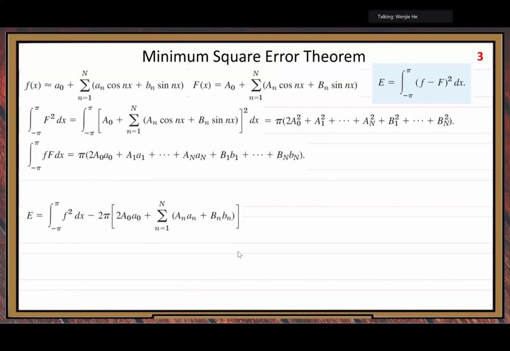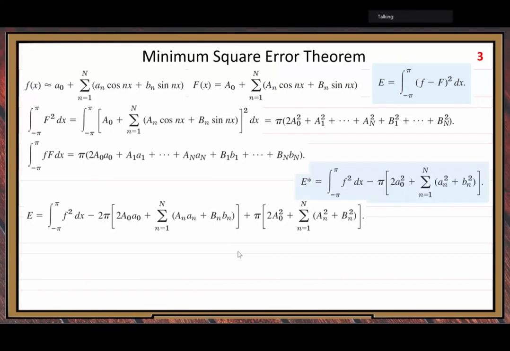So now let's calculate E. You use that result there. And the E star. So here we define E star.